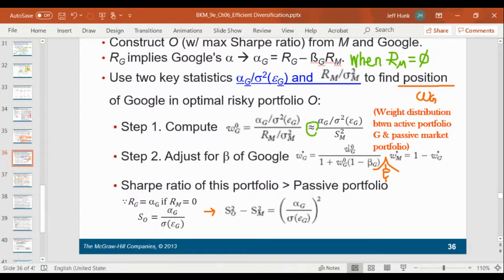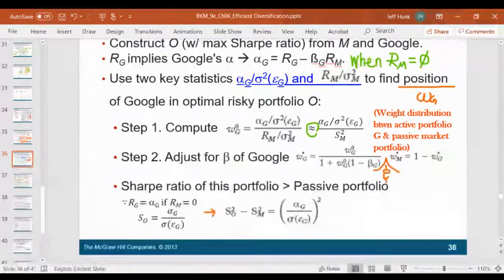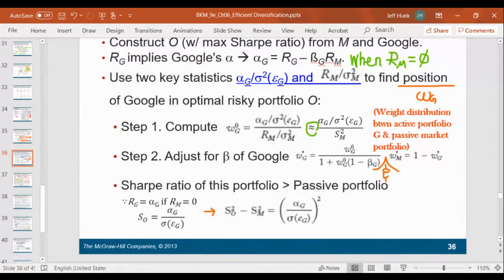But if it is 0.5, after adjusting for beta, 0.5 over 1.5 would be 0.333, right? So then the weight for Google will be 0.33, and the weight for the passive portfolio will be 0.67, right? And that's basically the idea.